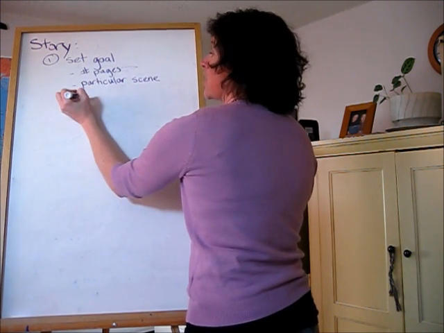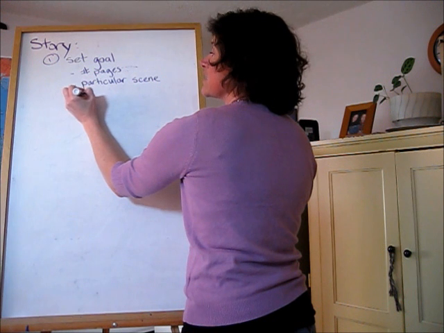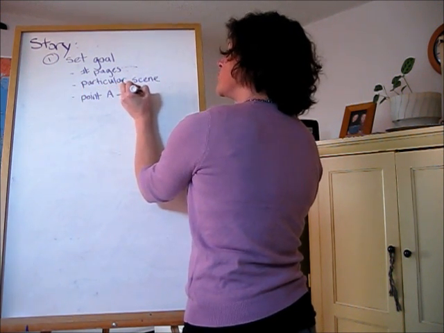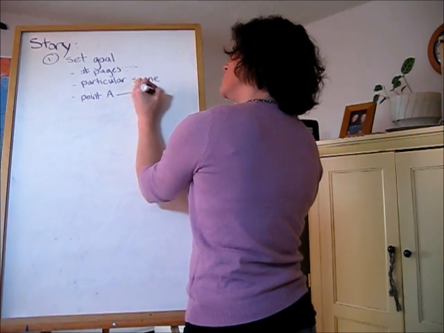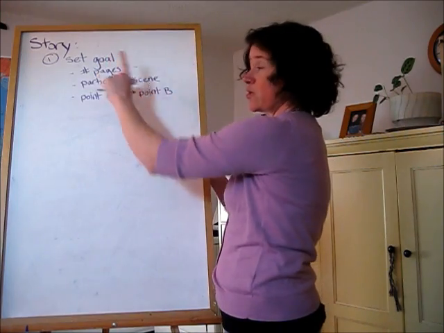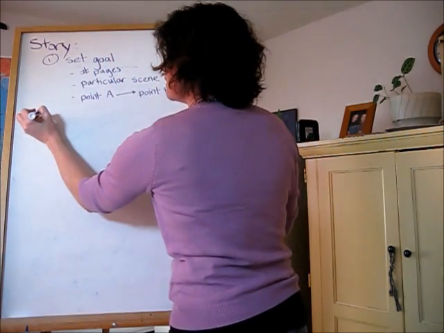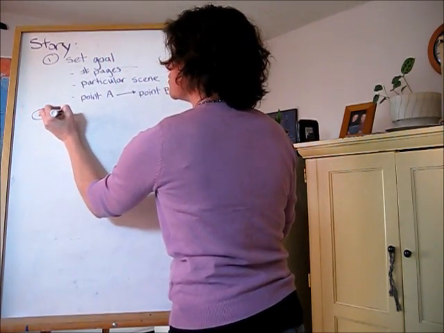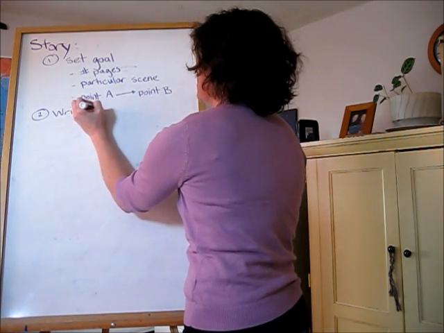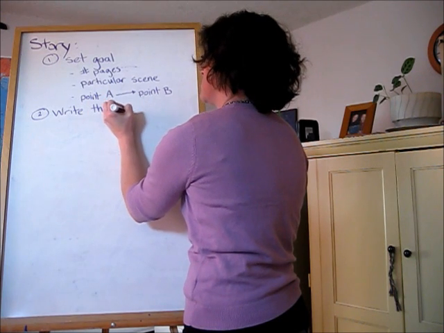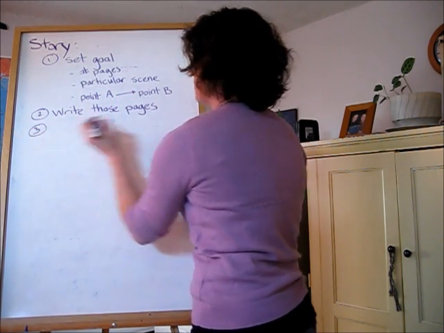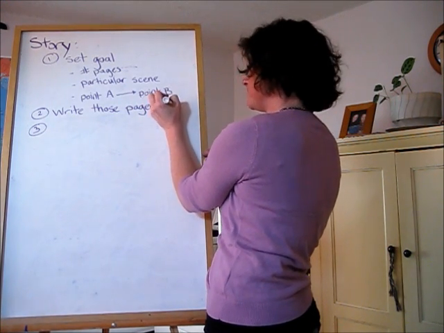Or it could be focused on getting your character from point A to point B. So wherever your character is now, you know you want to get them to this next place, and maybe that's your goal for the week. So that's, if you're writing a story, number one, set a goal. Number two, write those pages, or that page. And number three, I'll say write those pages and turn them in.